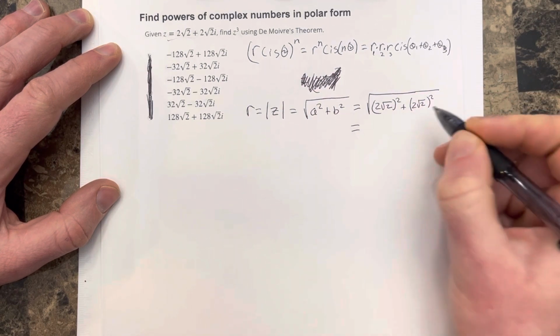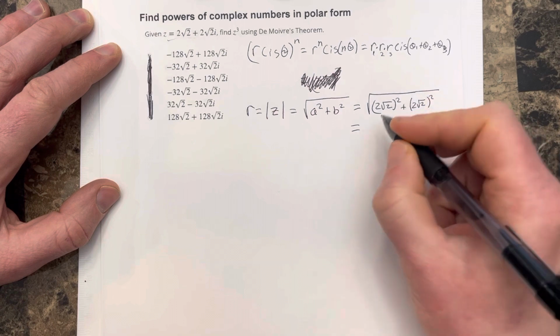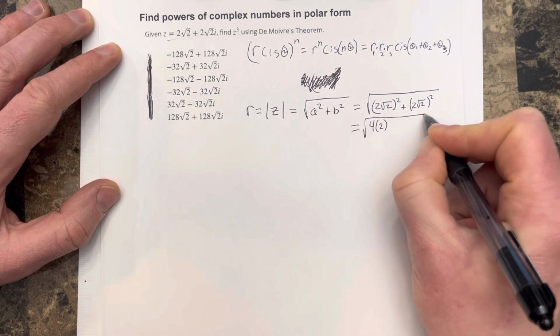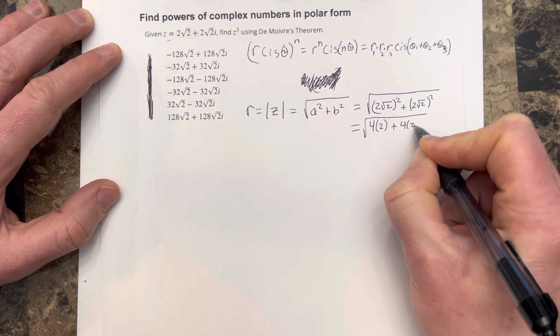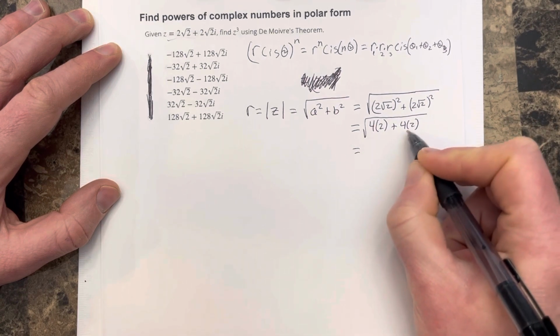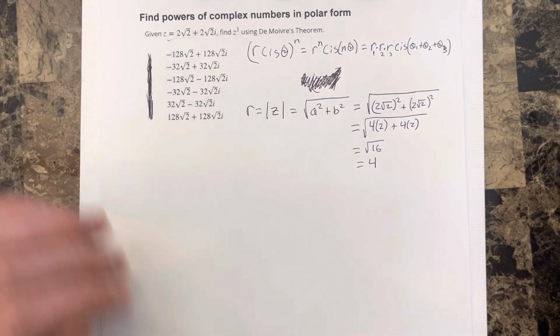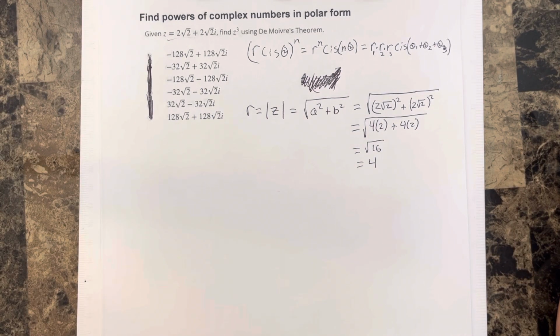And so I can say that when I square this piece, that's 4 times 2, so the root of 4 times 2 plus 4 times 2. So I get 8 plus 8, so that's the root of 16, which gives me 4. So I can say that my r is 4 here.